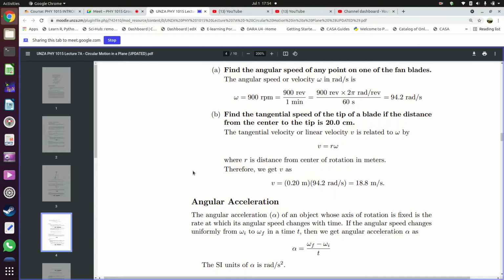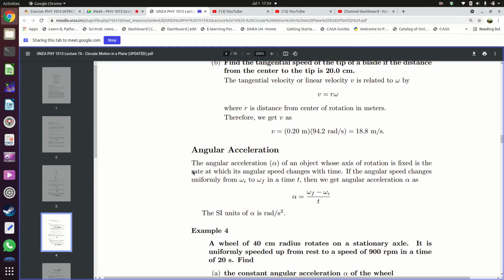And this angular acceleration is basically a measure of how fast the velocity of this particular object is changing with time. So if you know the final angular velocity, omega f, and you know the initial angular velocity, omega i, then you know how much time it takes for an object to speed up from omega i to omega f.